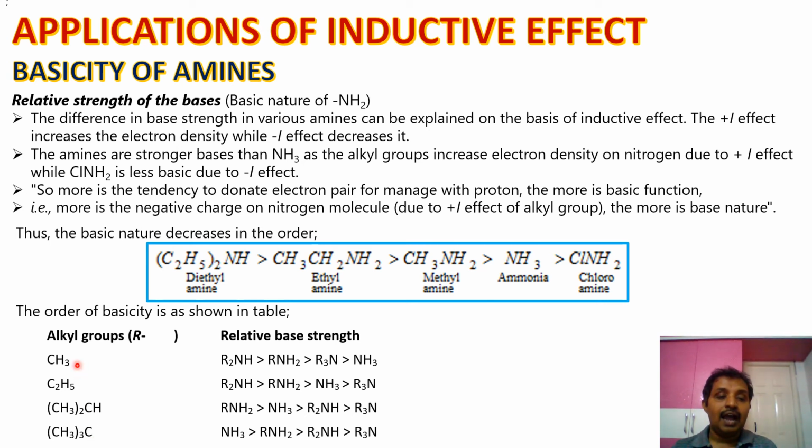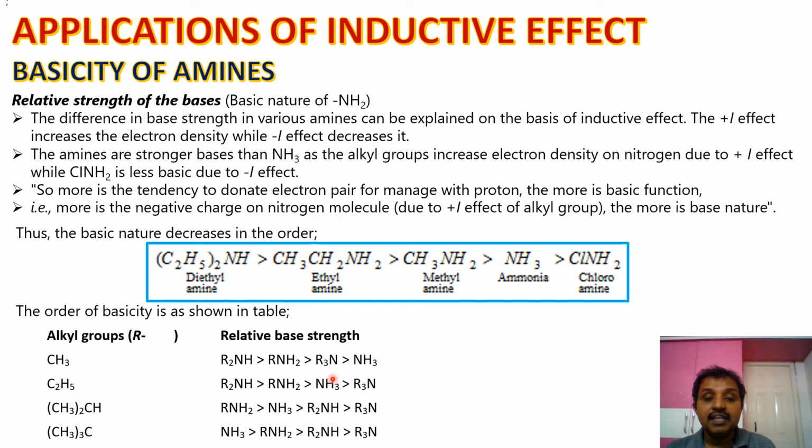Here, as the alkyl groups are substituted on the amine, the basicity increases. But here we have one exception: as the number of alkyl groups increases, we can notice that the tertiary amine has a less basic nature.